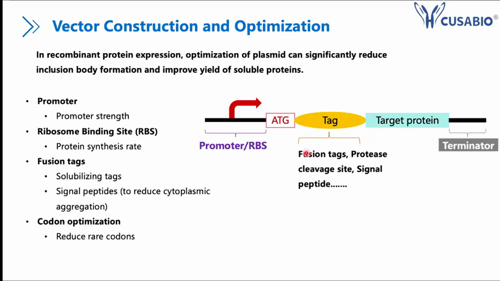Here is a simple scheme of the plasmid. Usually before the start codon, we have the promoter and the ribosome binding site. Then for the fusion tags, you also have a lot of choices. You can select solubilizing tags. You can also put signal peptides before your target proteins.